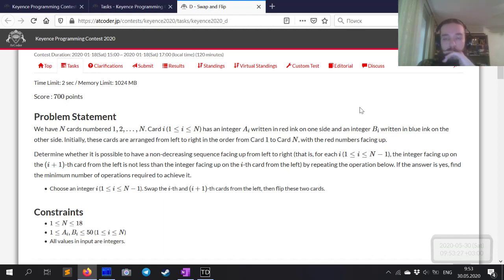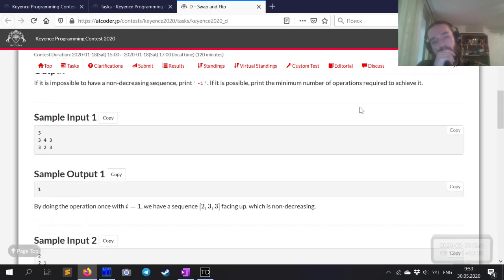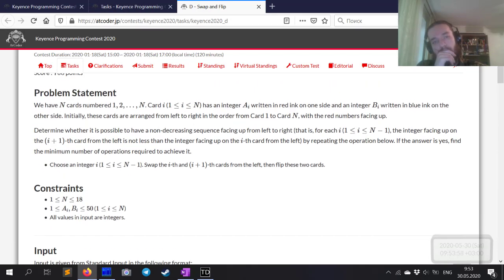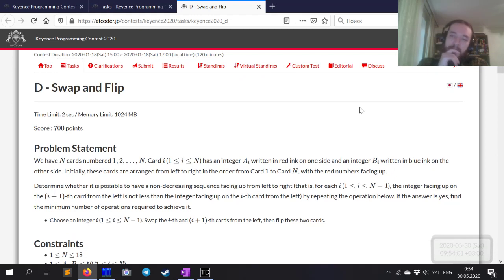The easy solution would be to consider all possible permutations and colorings, but that's a bit too large. Should be an easy problem, right? How exactly do we do that?